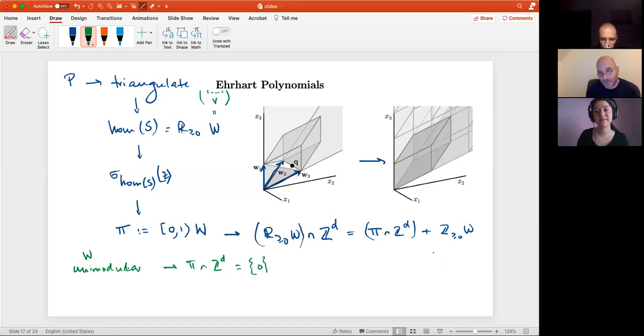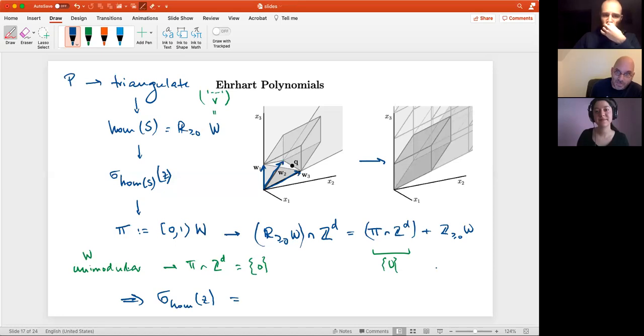So this is just the origin, and I really just need to consider integer combinations of my matrix W, of my column vectors in W. Okay, and if you put this together, this gives you now a recipe of computing this integer point transform.